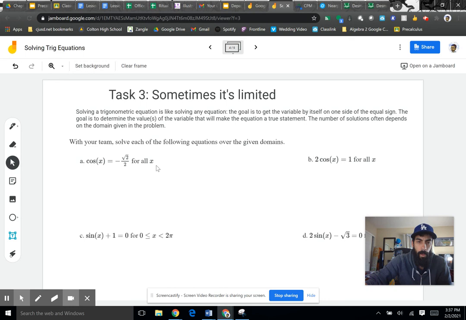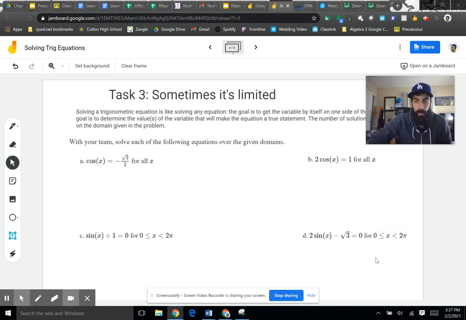This is for all x in the domain. Same thing here for b, for all x. C and D are slightly different. They give you a domain that's restricted. So you need to find the solutions to this equation. Start by isolating sine of x for both of these equations, and then restrict the domains, and you might be able to find a better solution set. Won't be infinite solutions this time.